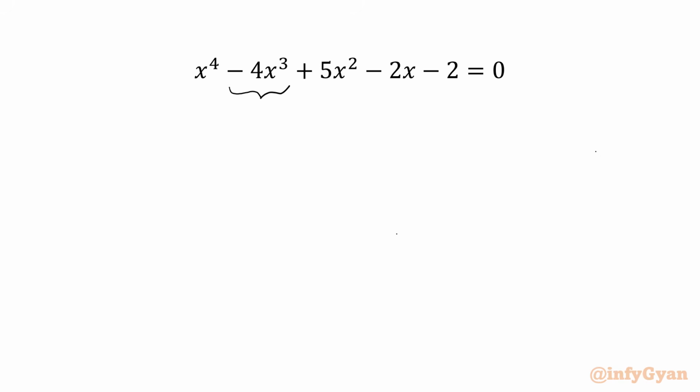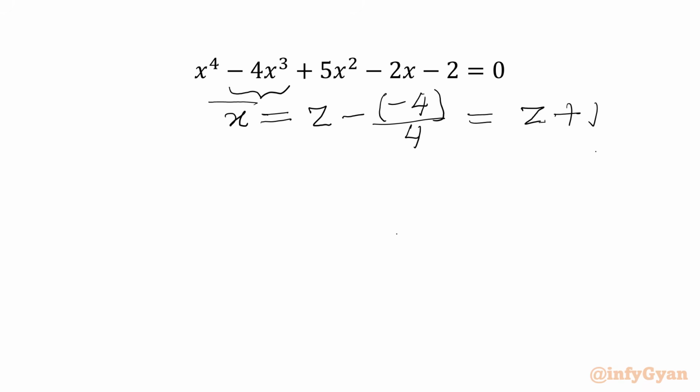So here we need to give the substitution x equal to z minus the coefficient of x cube, which is minus 4, over the degree of the quartic, which is 4, so z minus of minus 1 becomes z plus 1.